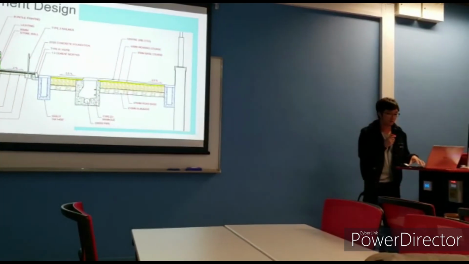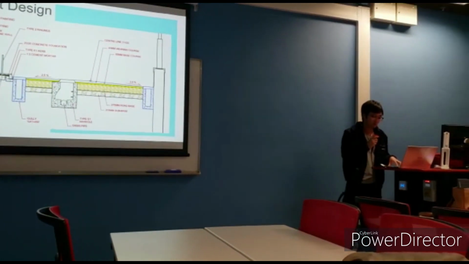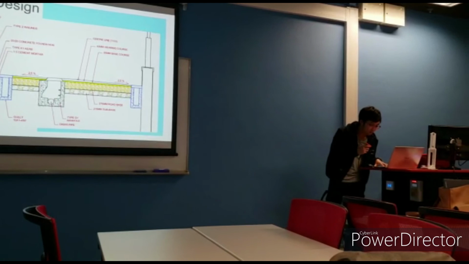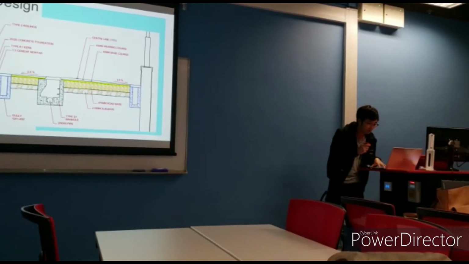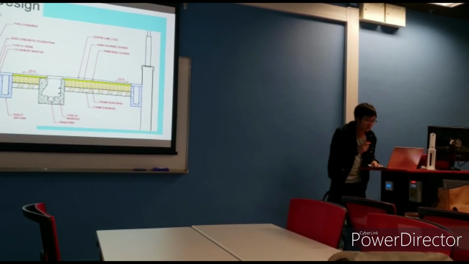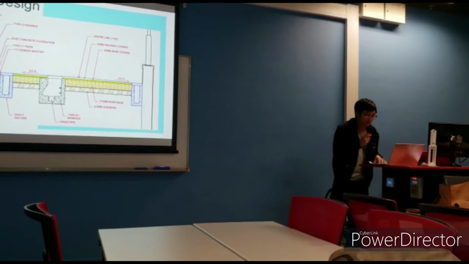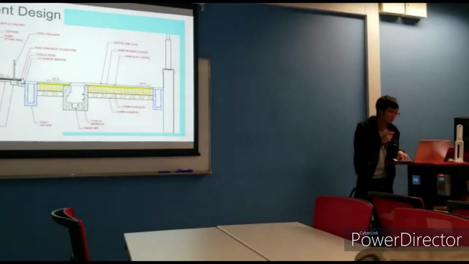After our calculation, the storm drain pipe will use 300 diameter UPVC pipe, and the manhole will use type D1, and lighting will be proposed at both sides of the footpath.